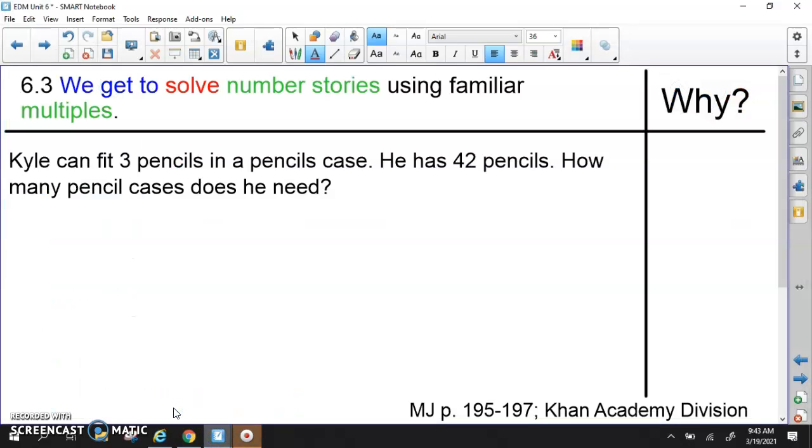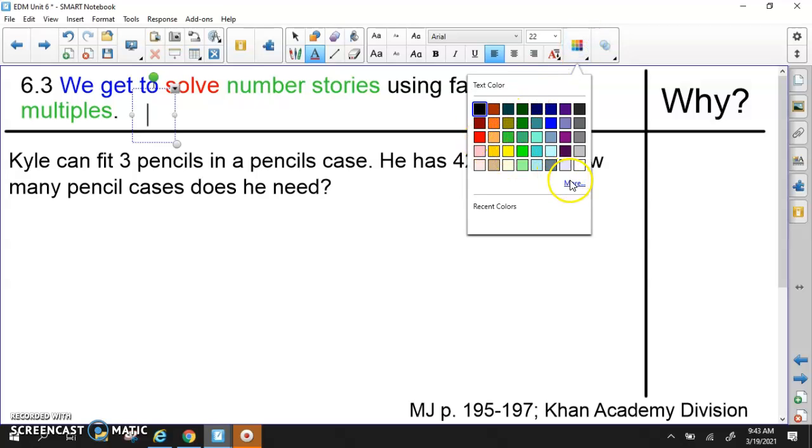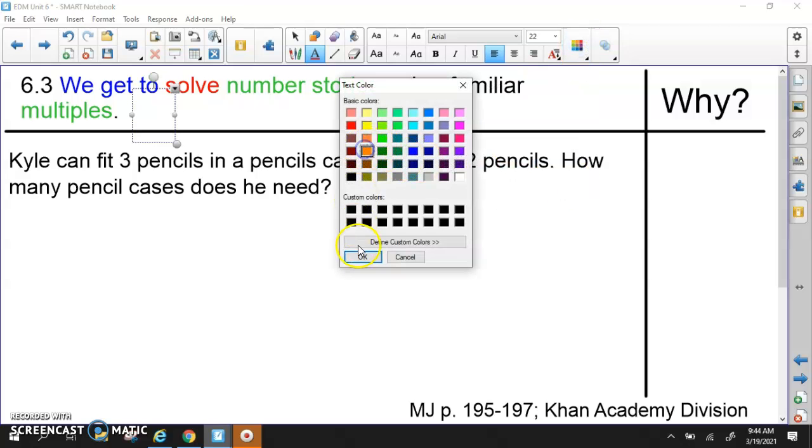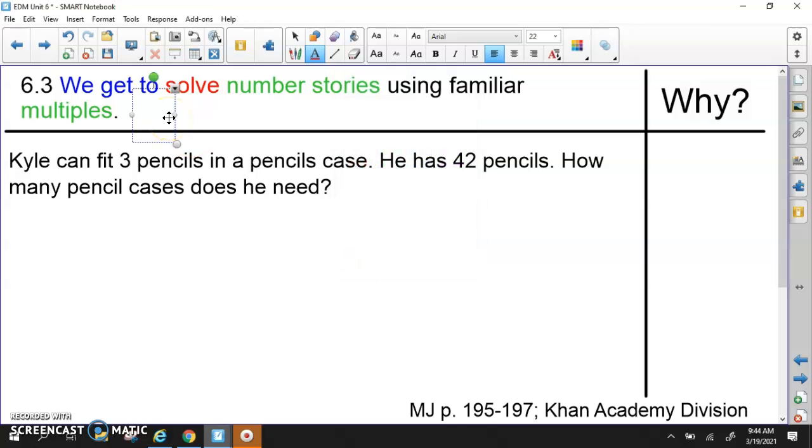Okay, friends, today we're working on 6.3 as we get to solve number stories using familiar multiples. Any thoughts, any remembrance about what multiples are? Yes, sir. You're on the right track.